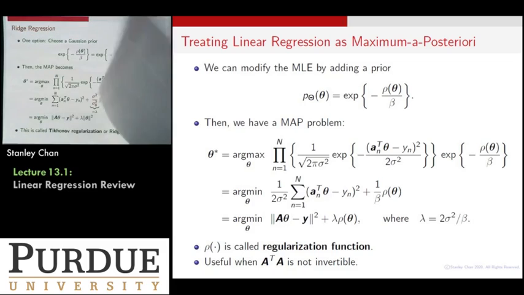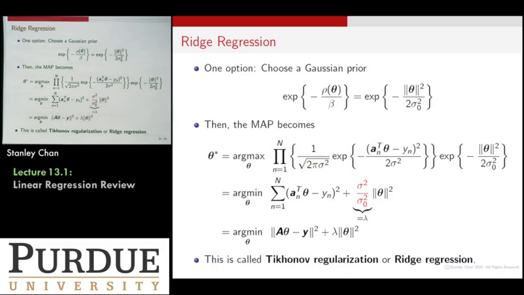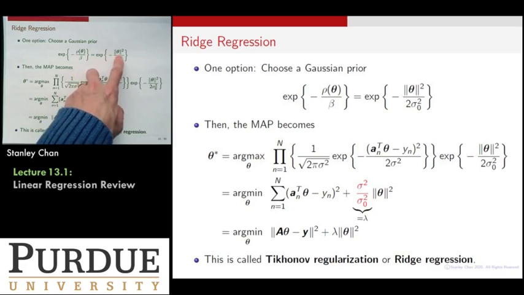And now we can put in your favorite regularizations, like the ridge regression that we have learned. You can put the theta square 2 norm. What is the corresponding prior? You can go all the way back. Let's assume that your rho of theta is theta 2 norm square, and you assume that beta is 2 sigma naught square.